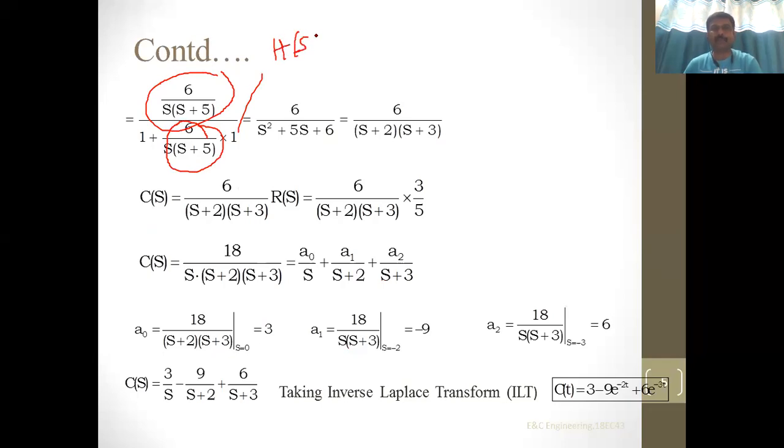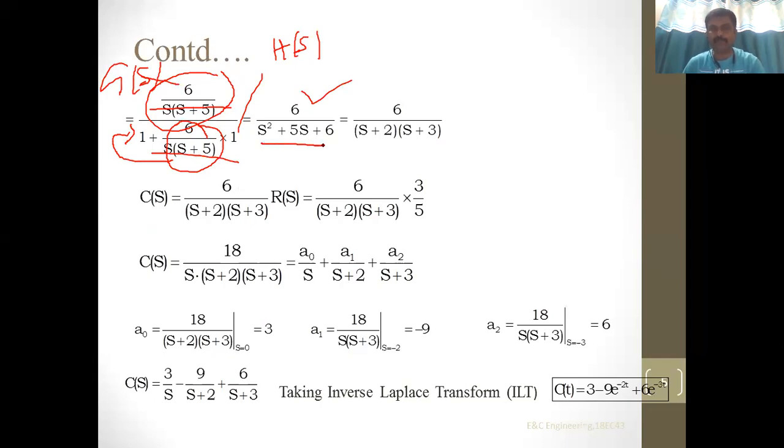Very simple mathematical relations. Even diploma students can understand this very clearly, no difficulty. Only basic mathematics. Now, after simplification, this I may cancel with this. LCM goes to the numerator, thereby 6 divided by S into S plus 5 plus 6. 6 into 1.